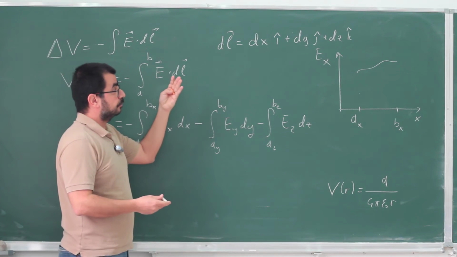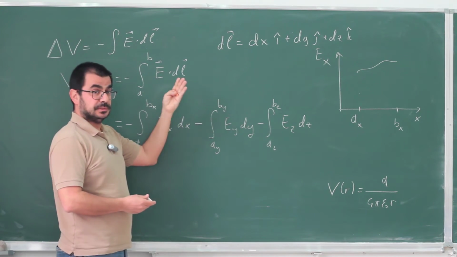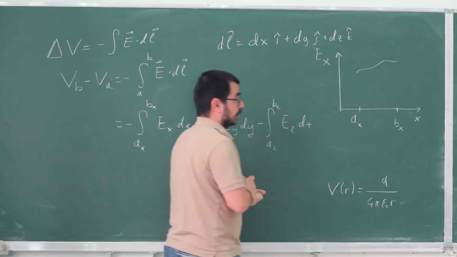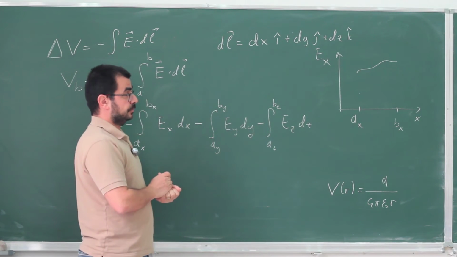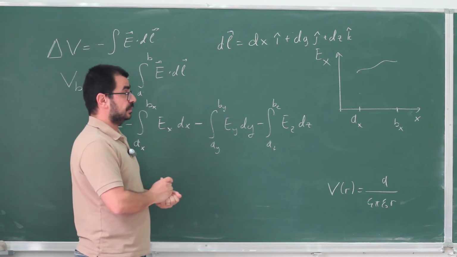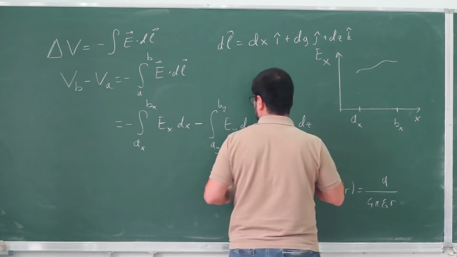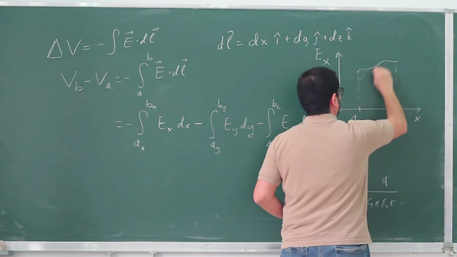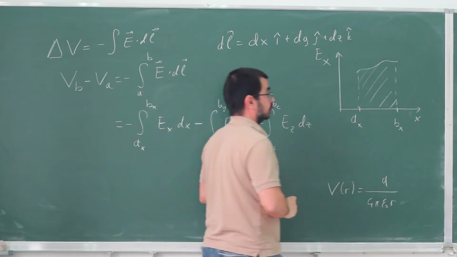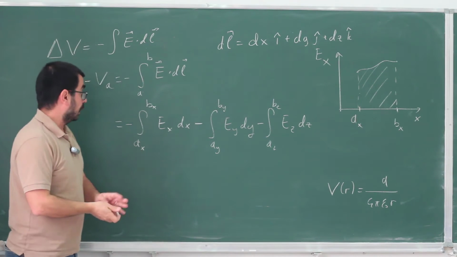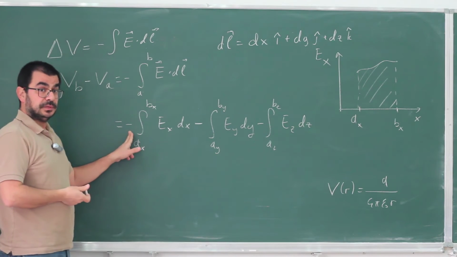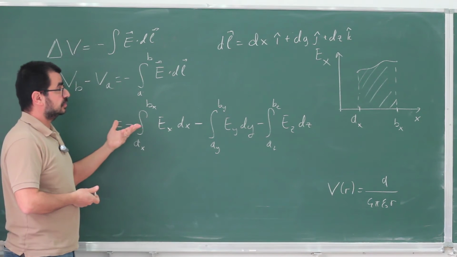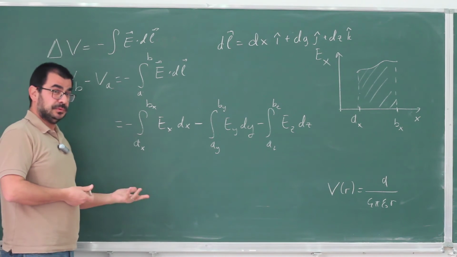My x component of my electric field is in the positive x direction, and bx is ahead of ax, so the x component of my final position is ahead of the x component of my initial position. Right? So that integral corresponds to the area under this curve, which is going to be positive. And since I have a negative sign in front of the integral, this is going to correspond to some decrease in potential energy. Is that what we do?